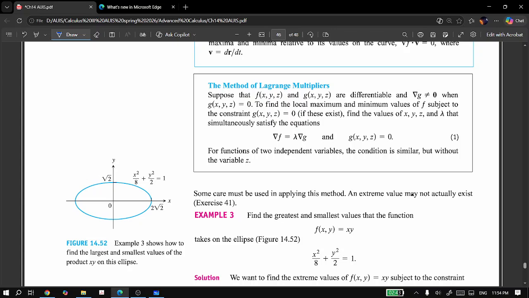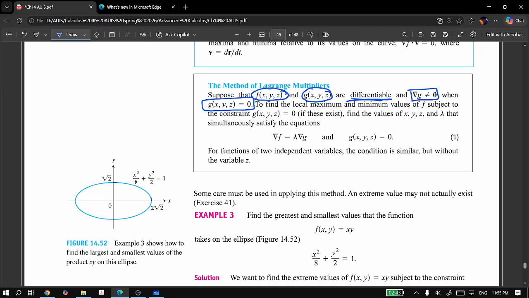So here the method of Lagrange multipliers, what does it say? It says, suppose that you have got a function f and you have got a function g. Those functions are both differentiable, and we have got that grad f is not equal to 0 when g of x, y, z is equal to 0. So the conditions are obvious. f and g are continuous and differentiable, of course.